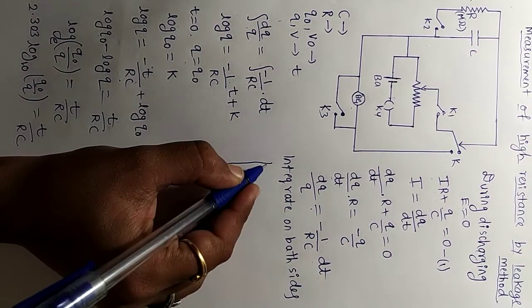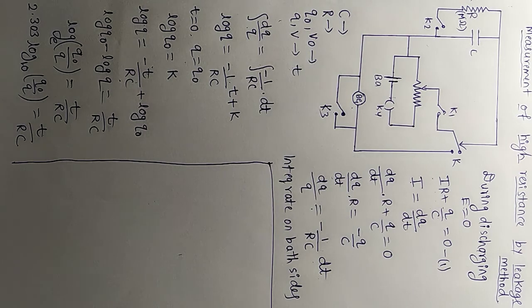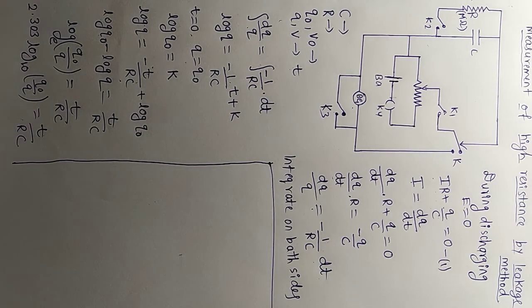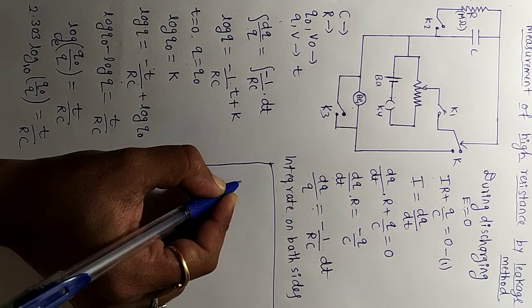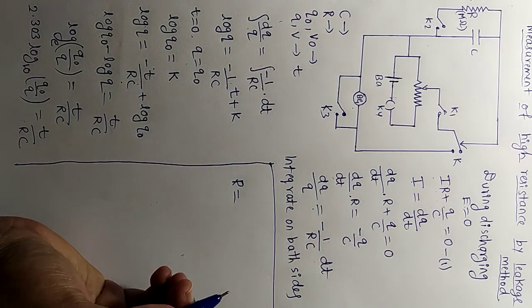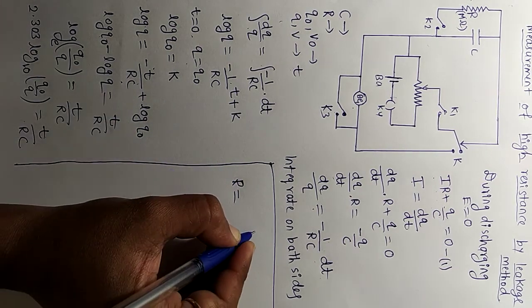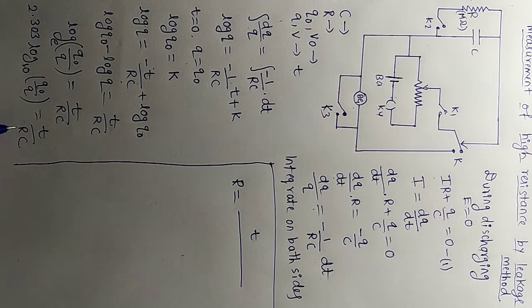And as we know, the value we are going to find is R. So in terms of R we should write the equation. That is R is equal to t in the numerator.